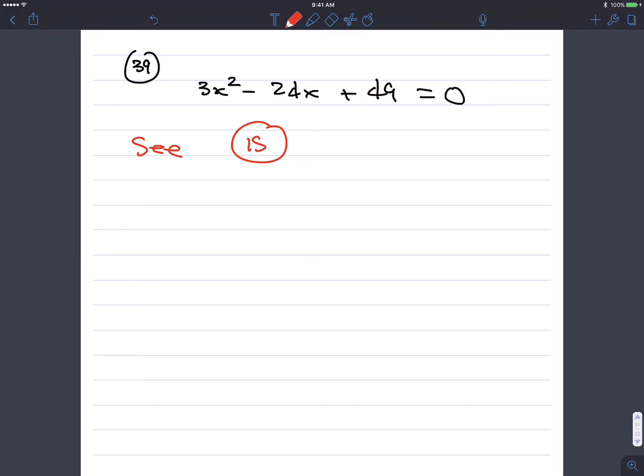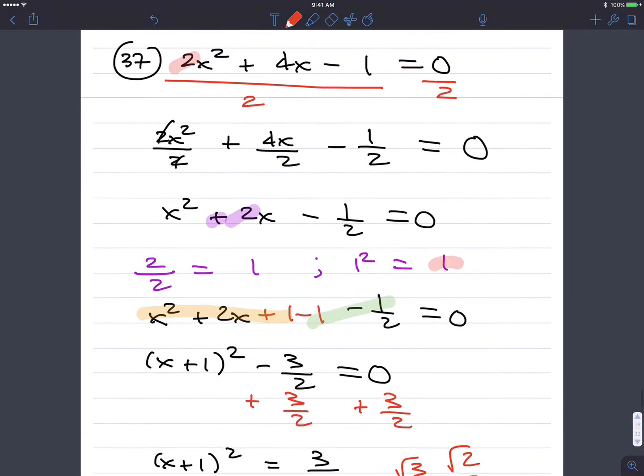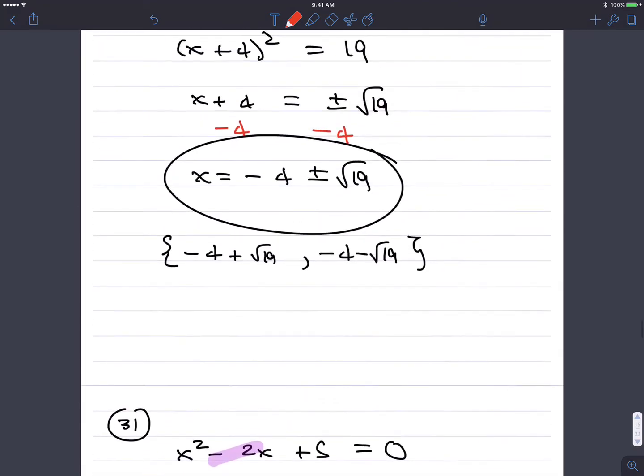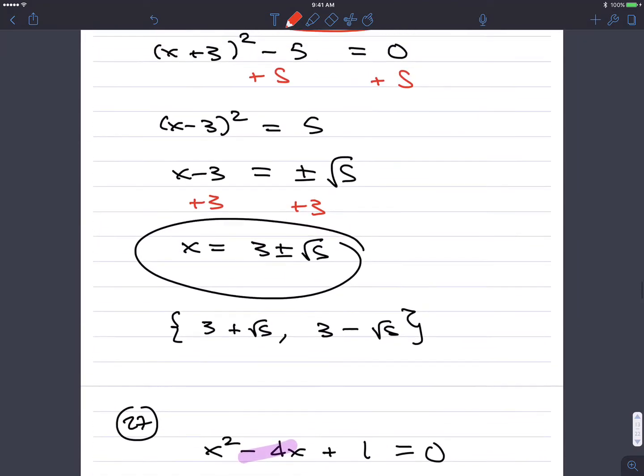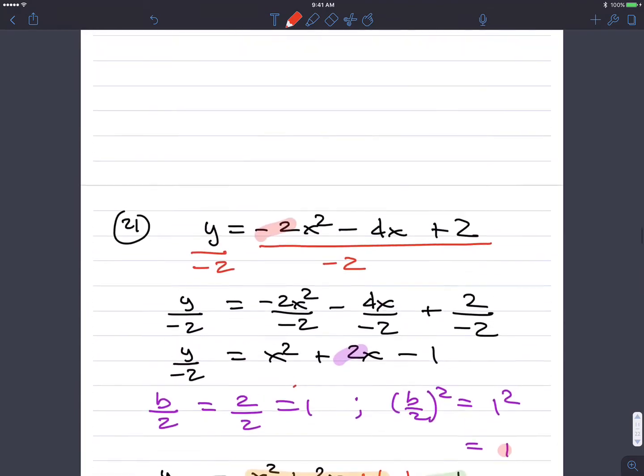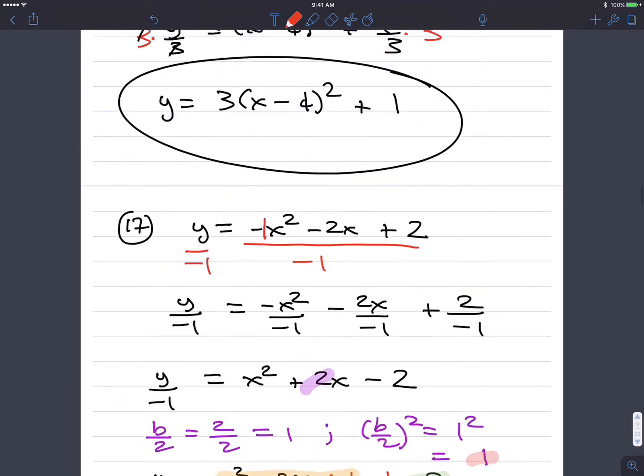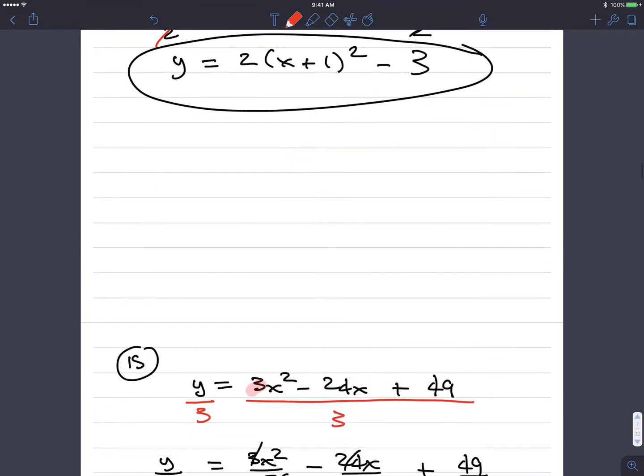We did this already. 3x squared minus 24x plus 49, number 15. So I'm going to have to go back all the way there to 15. Let's see if we remember what 15 is. Boy, it's really far away. Okay, number 15 we have here.